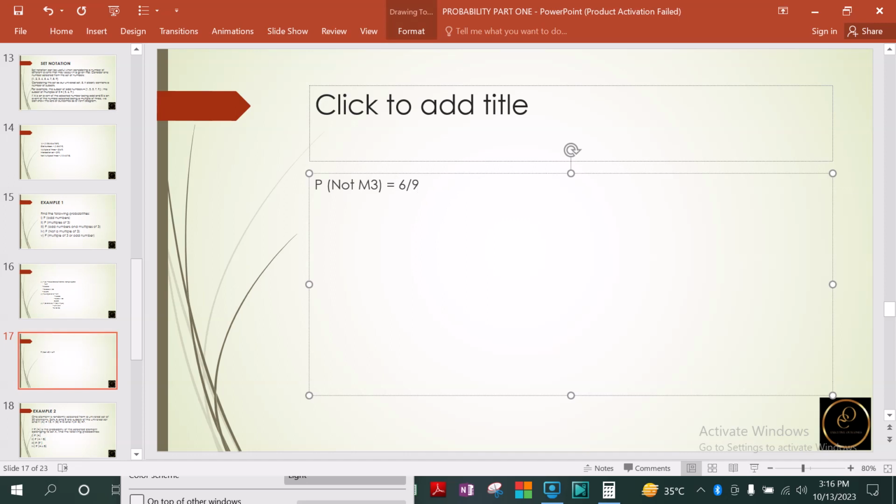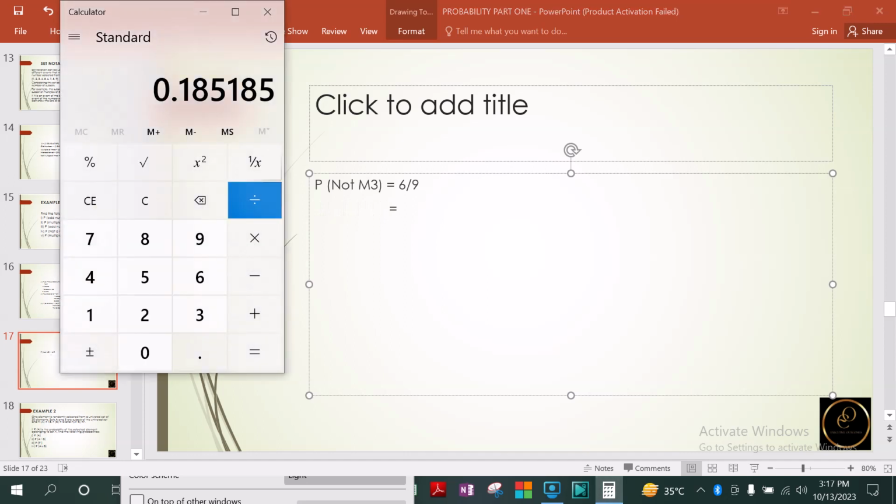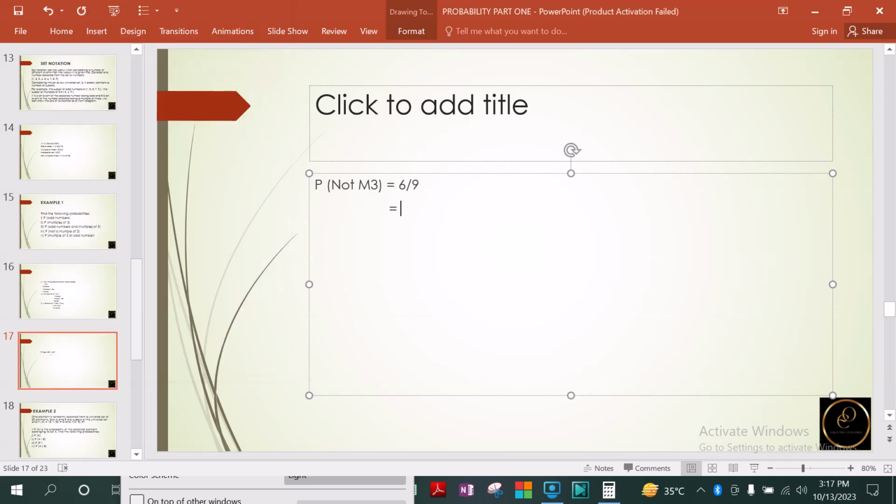Again, if you want to calculate this probability and express it as a decimal, you are going to use the calculator again. It is 6 divided by 9. What you get is 0.6666, that kind of thing, about 66.67%, as I've already explained.